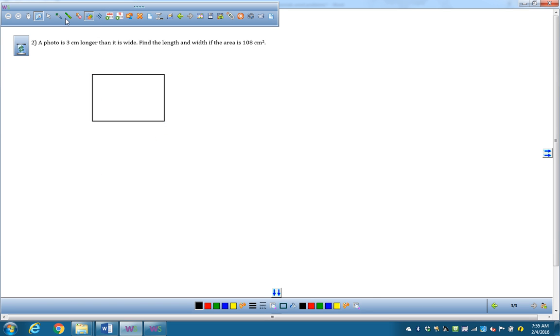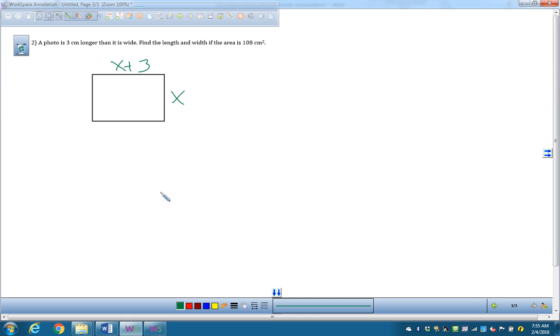If this side is x and it's 3 centimeters longer than it is wide, what's this side? x plus 3. How do I find the area of something? Multiply. So x times x plus 3 equals 108. That's not that hard to set up, is it?